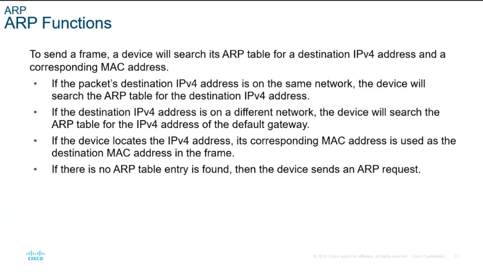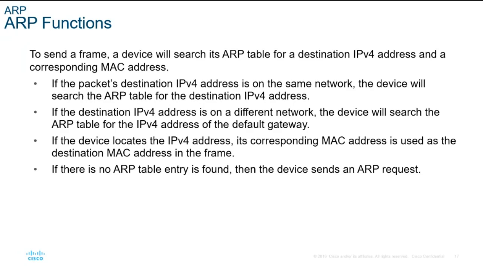And if the destination IPv4 address is on a different network, the device will search the ARP table for the IPv4 address of the default gateway.